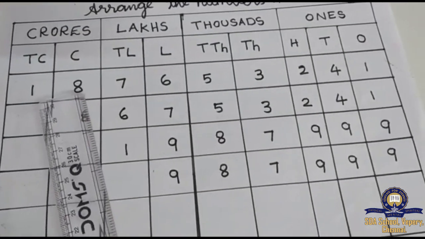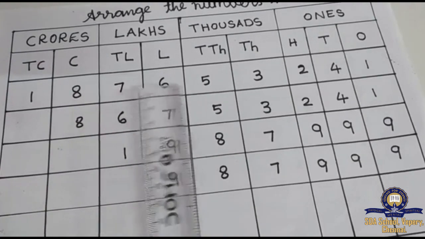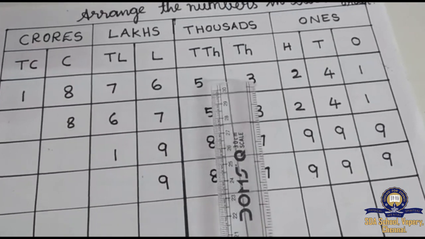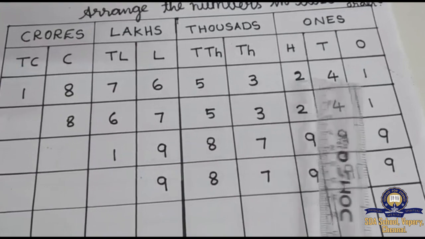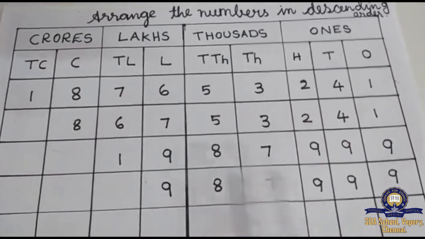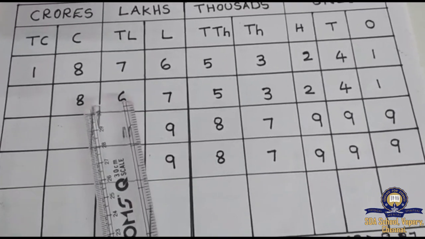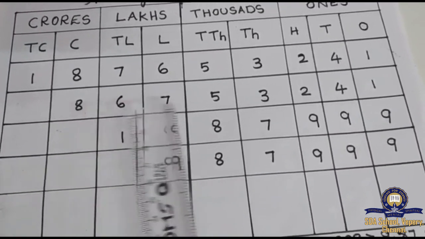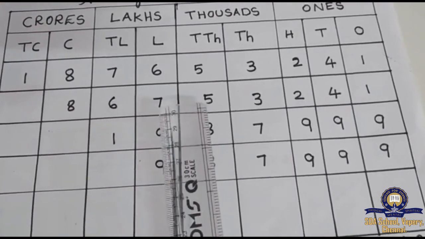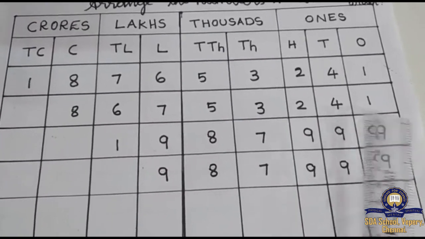How to read the first number? 18 crores 76 lakhs 53,241 is the greatest number among the given numbers. And then the next greater number is 8 crores 67 lakhs 53,241.